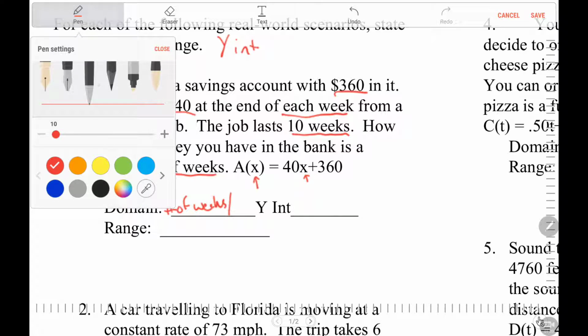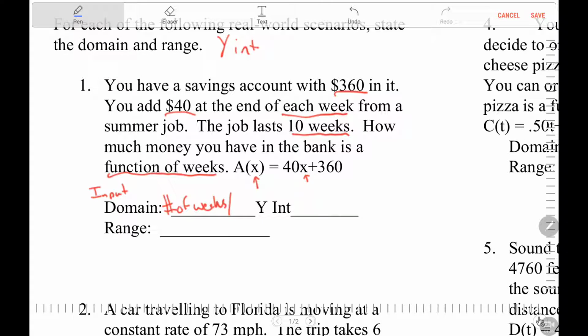For the sake of this example, we're going to understand this to be positive integers, in other words, whole numbers. So what that means is you're putting in 1 week, 2 weeks, 3 weeks, and 4 weeks.